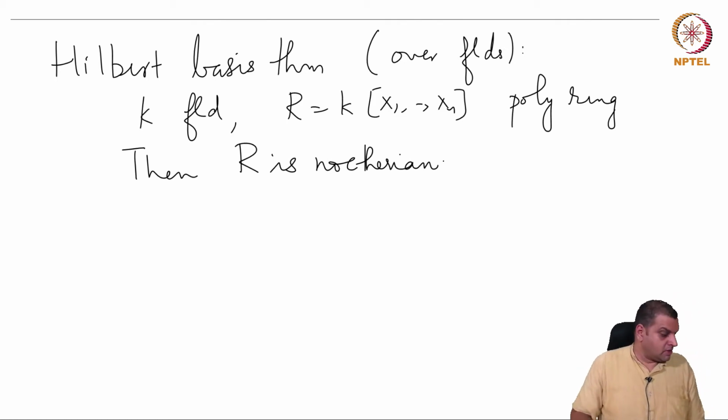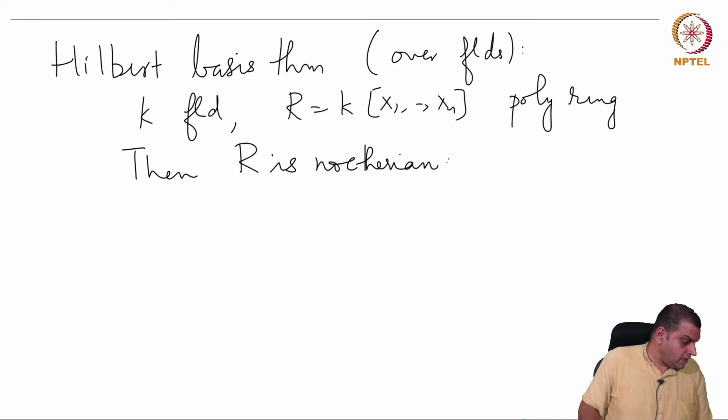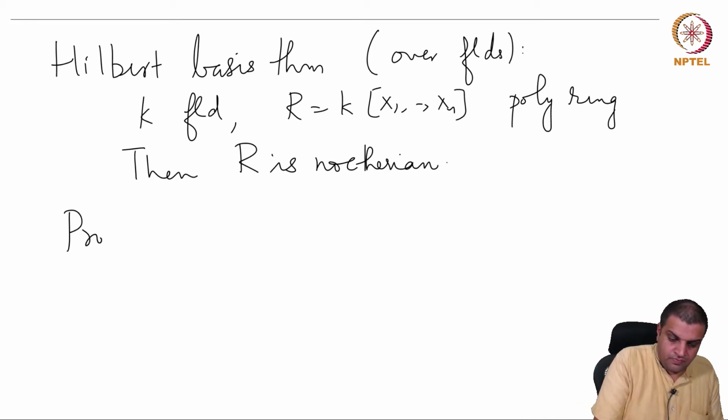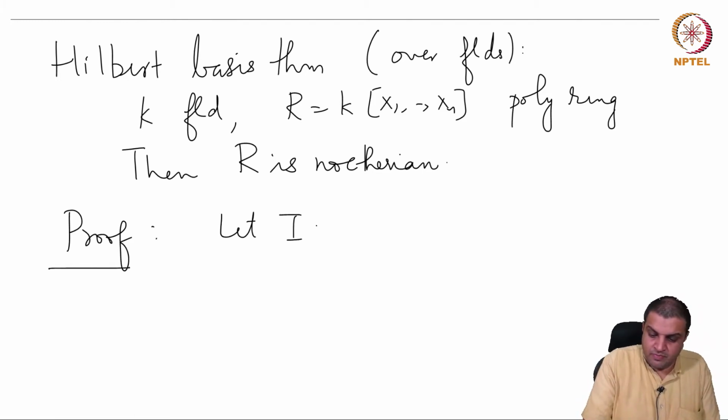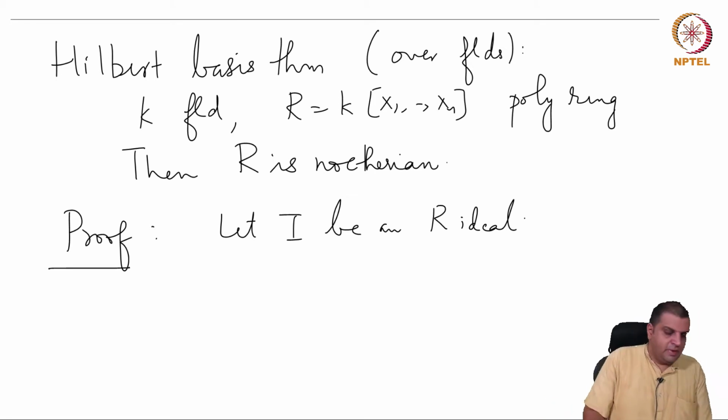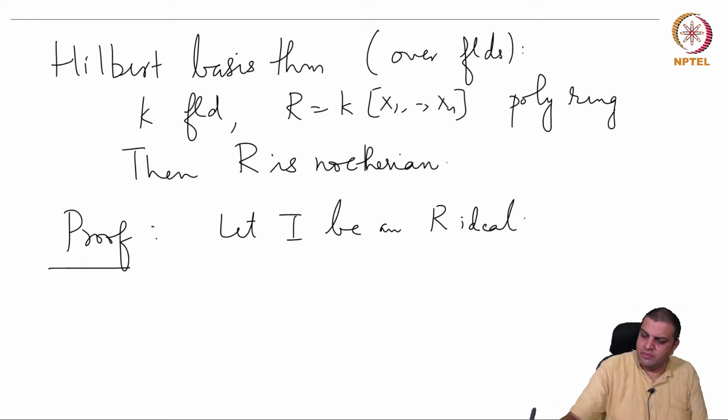This is what we will now prove. Let I be an ideal. We may as well assume that I is a non-zero ideal, because if it is 0, it's always finitely generated.